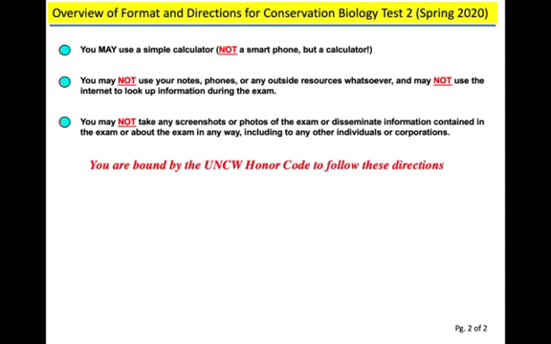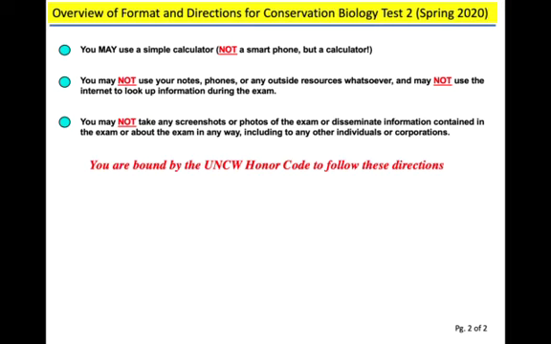Also, you may not take any screenshots or photos of the exam or share or disseminate the information contained in the exam or anything about the exam in any way to any other individuals in the class or outside of the class or to any of these corporations that post things about courses online, etc. So just don't get involved in doing any of that.